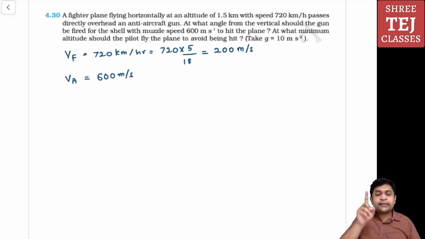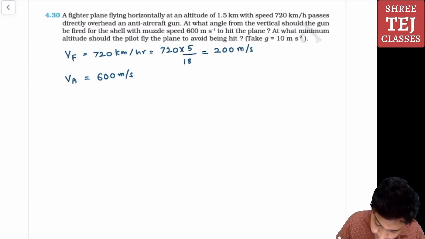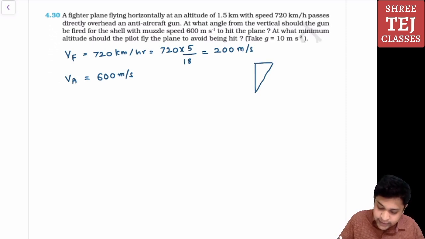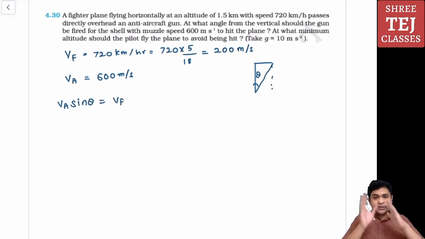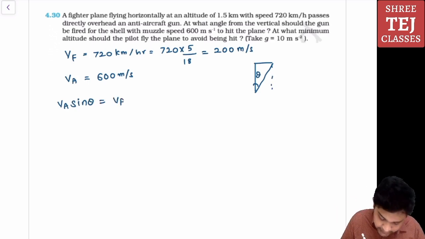Now for the anti-aircraft gun's shell to hit the fighter plane, the x component of its velocity should be equal to the velocity of the fighter jet. So if this angle is theta, the x component would be VA sine theta. This should be equal to VF because the x components of the velocities should match.